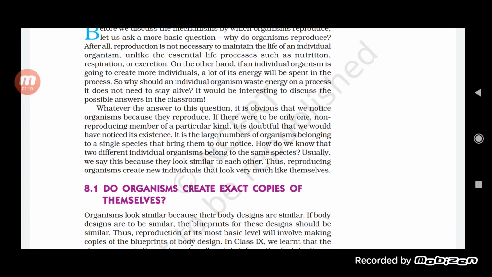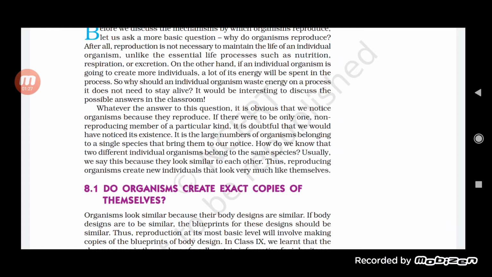As we know, in the chapter on life processes, we have seen that there are different systems, including the digestive system, the circulatory system, and the respiratory system.